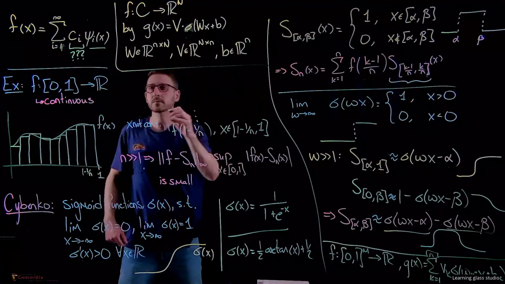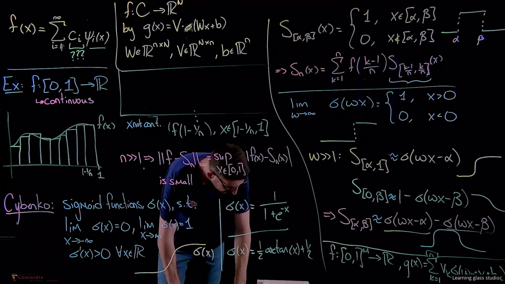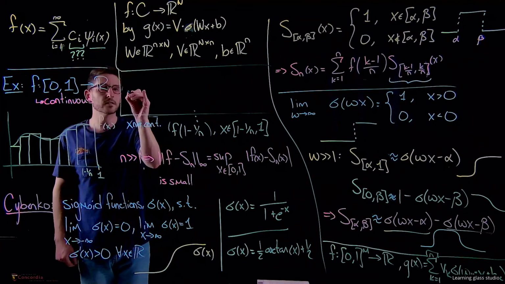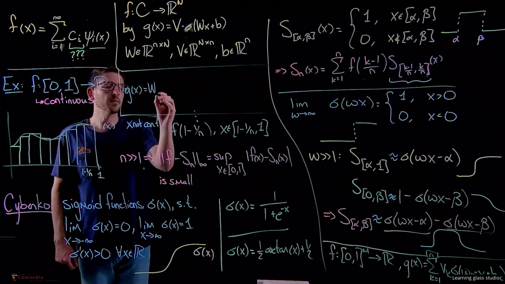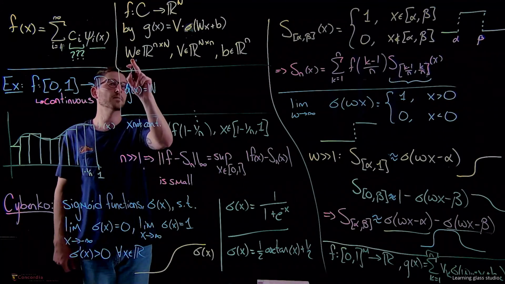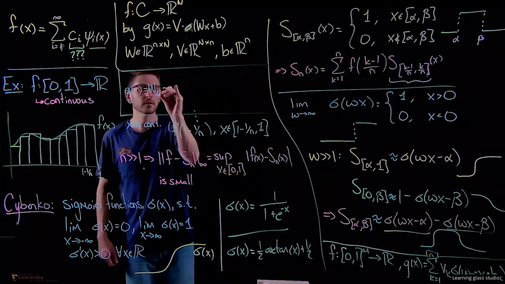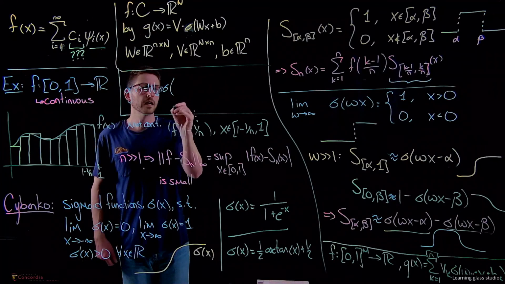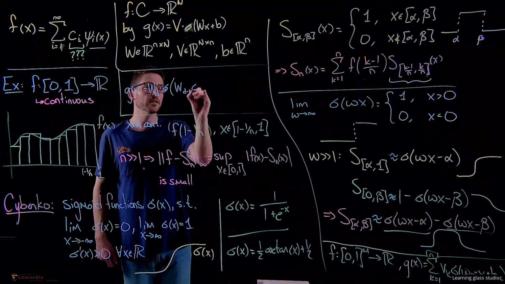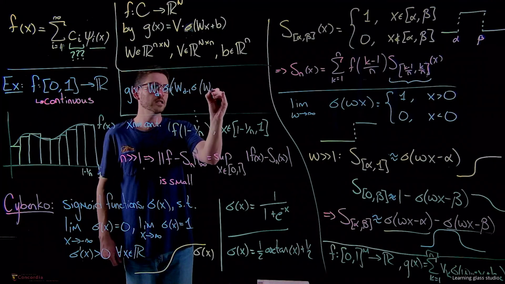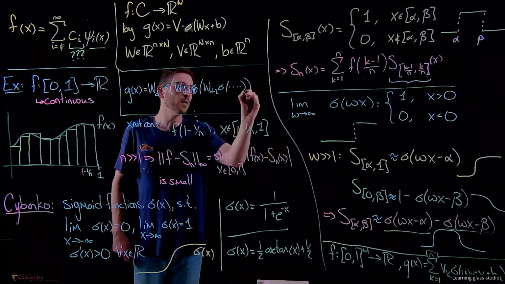So here, instead, what people started doing is they started approximating with functions that look like this. G of x is some matrix W_D times sigma, and then composed with W_{D-1} of sigma, W_{D-2} of sigma, right? And then you have all of these compositions.